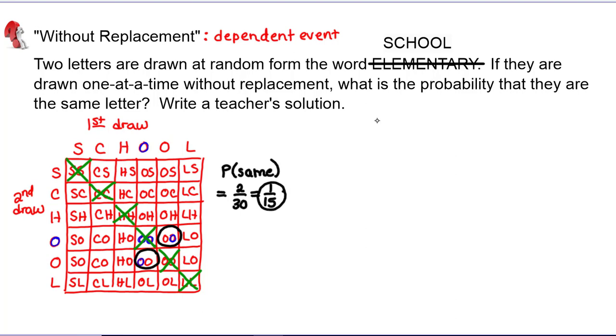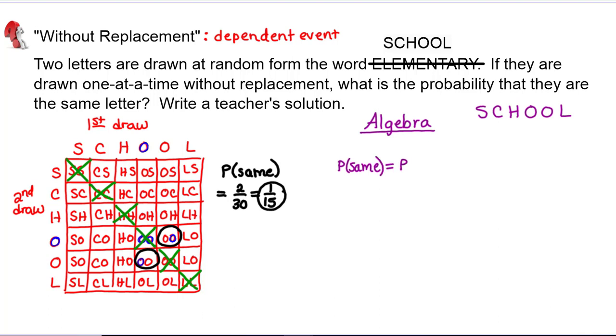All right, so now let's look at it using an algebra model. Keep in mind here we have our word school. So we want the probability of the same.